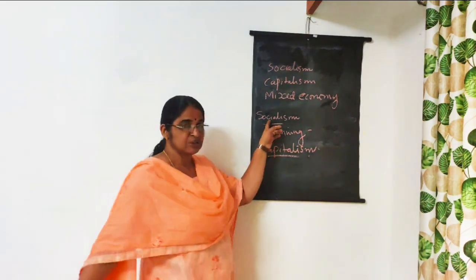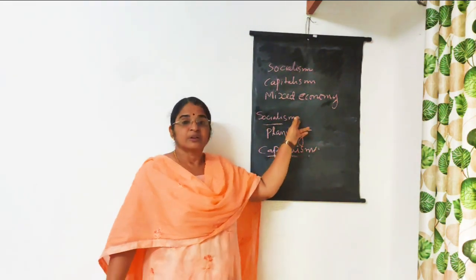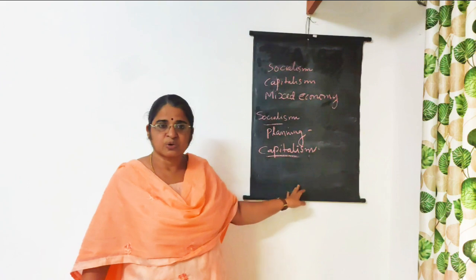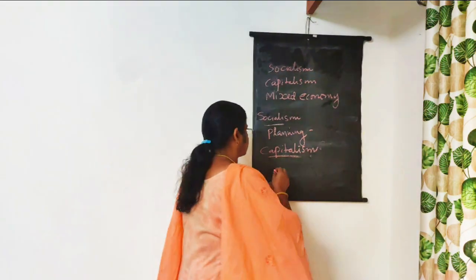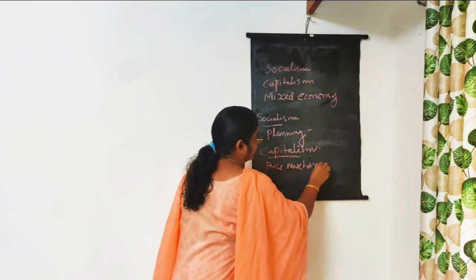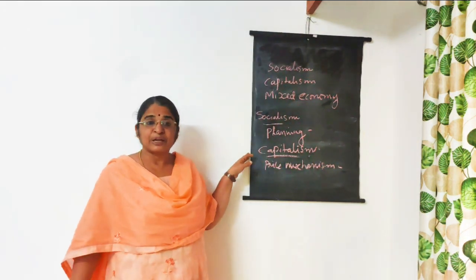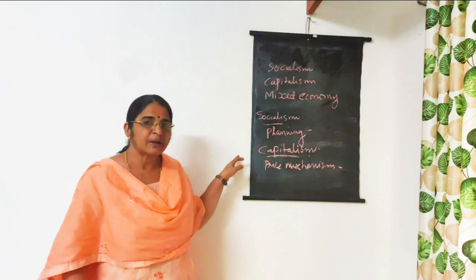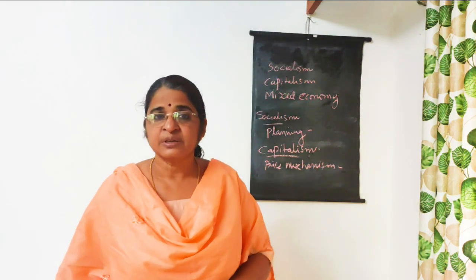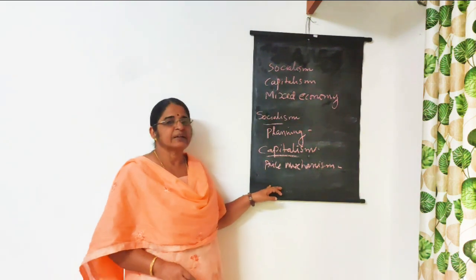In socialism, the problems are solved with the help of the planning mechanism. In socialism, government is supreme, but in capitalism, the central problems are solved with the help of the price mechanism. Price mechanism is the free play of the forces of demand and supply.